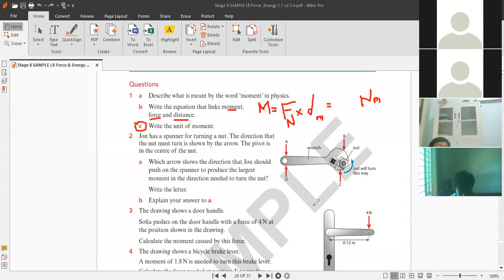Okay, number 2, I need Mas Raka. Yes. Read question number 2. John has a spanner for turning a nut. The direction that the nut must turn is shown by the arrow. The pivot is in the center of the nut.